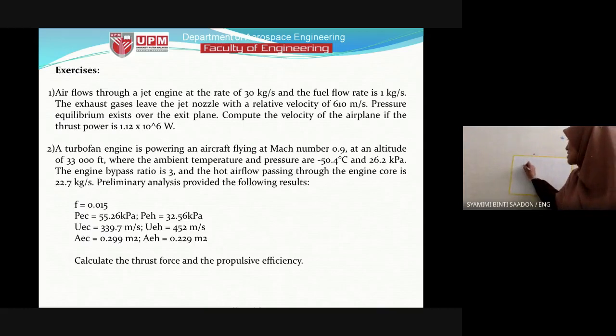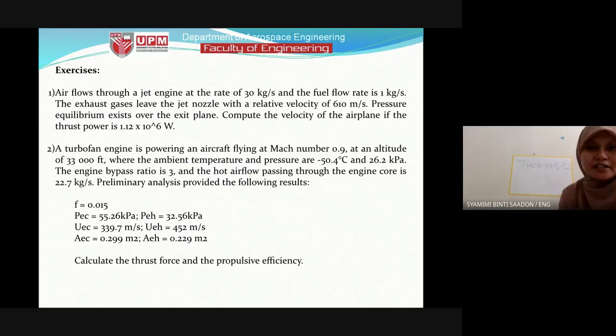So I give you first the thrust force equation. I write this T, the full one: T equals MA times (UE minus U), plus, this is the general equation, (PE minus PA) times the exit area.